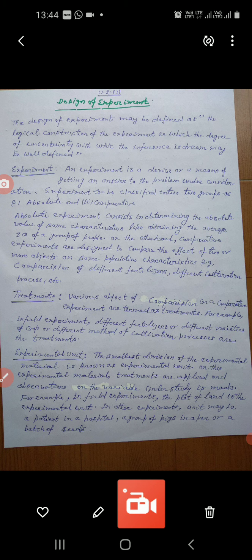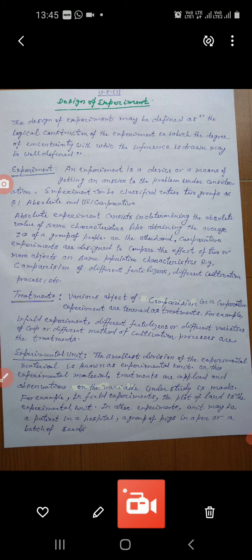For example, in field experimentation, the plot of land, suppose there is a land and a plot, the smallest part of the land is the experimental unit.